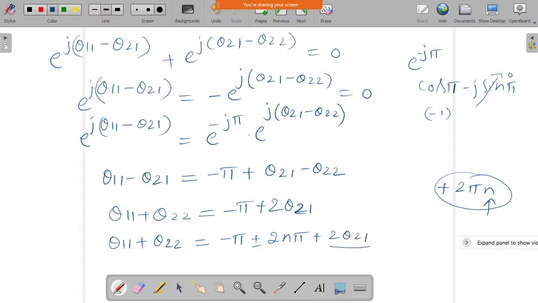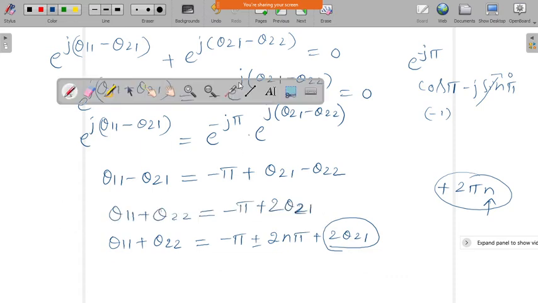Now if I want theta 21, we can send this to that side. So what is theta 21? This will give theta 21 equal to theta 11 plus theta 22 divided by 2, plus or minus pi by 2.